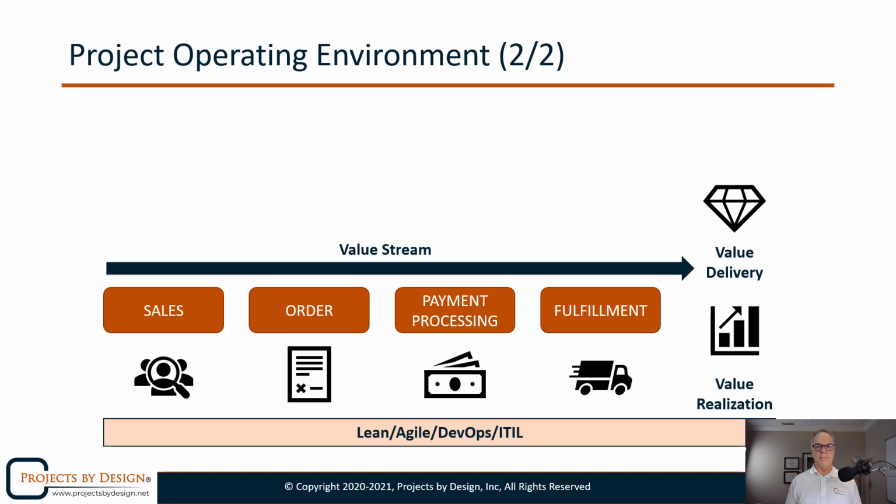Let's say, for example, though, in this value stream, we come across an opportunity that if we try to simply handle it through our regular processes, it would become so disruptive that it would erode the value that we're currently delivering and also erode our return.